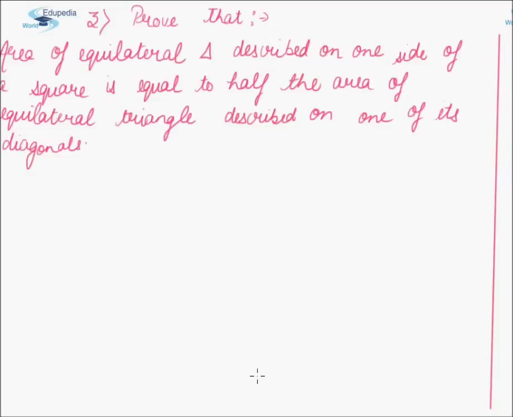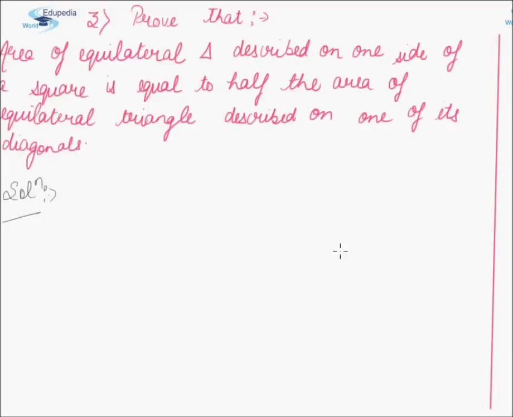The question says, prove that area of equilateral triangle described on one side of a square is equal to half the area of equilateral triangle described on one of its diagonals. So here goes the solution of this question.